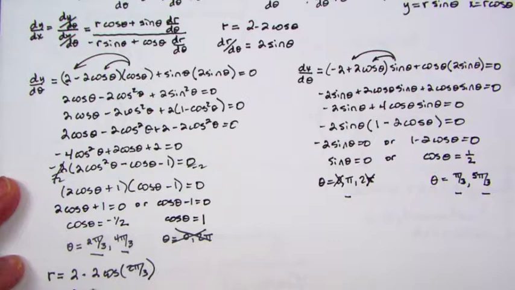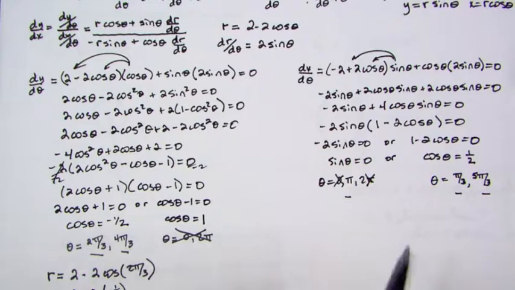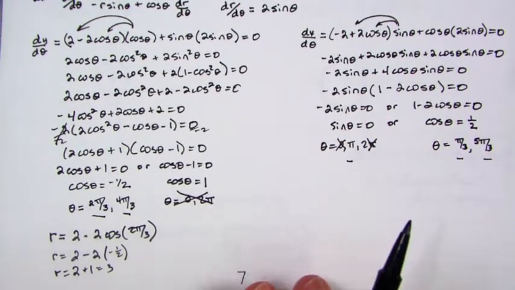So that's 2 minus 2 cosine at 2 pi thirds, which would be negative 1/2. So that's 2 plus 1 is 3. And that's how you would find all of the corresponding r values.